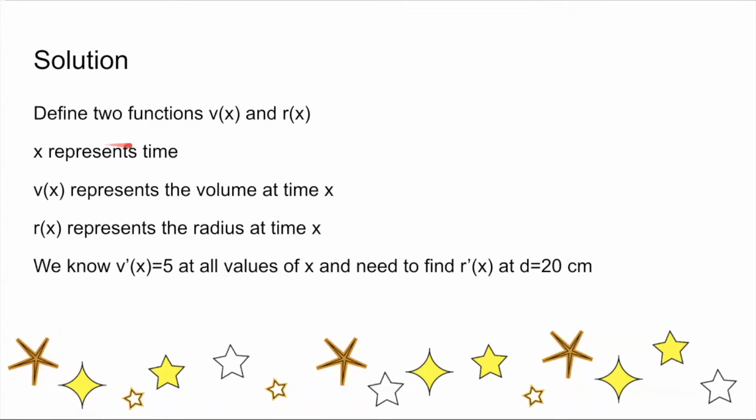So x represents time, V(x) represents the volume at time x, R(x) represents the radius at time x, and we know that V'(x) is equal to 5 for all values of x, and we need to find R'(x) at d equals 20 centimeters.